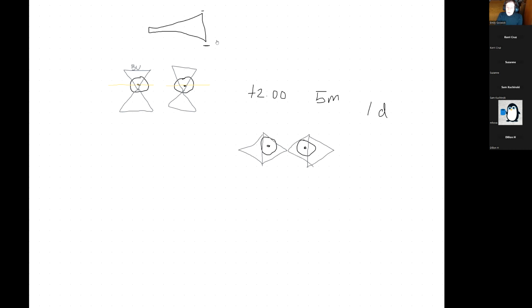So in this case, we look at where the pupil is, we figure out what the direction of the base is. In this case, it's going to be base out in these. So the answer would be 1 diopter base out. Okay, so just quick drawing, just sketching it out, is definitely helpful in these cases.